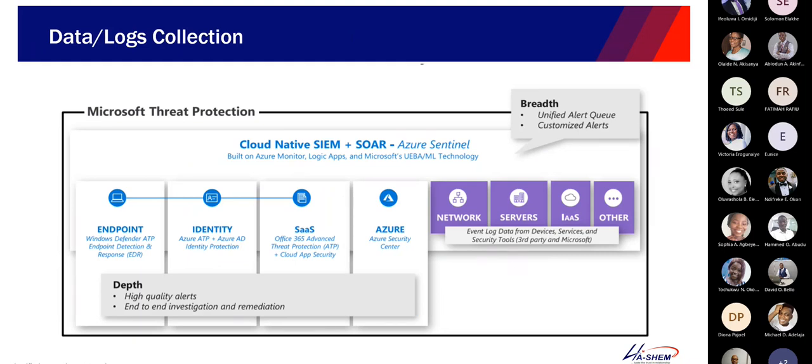So looking at how Azure Sentinel collects data, we are going to start with data collection. After onboarding your Azure Sentinel into your workspace, you connect data sources to start ingesting your data into Azure Sentinel.